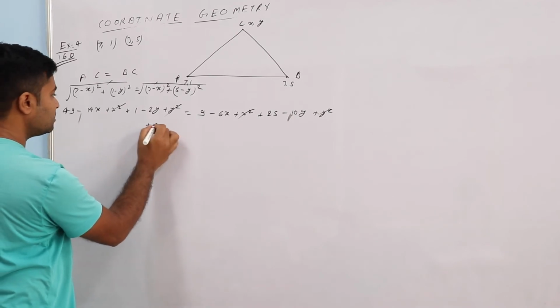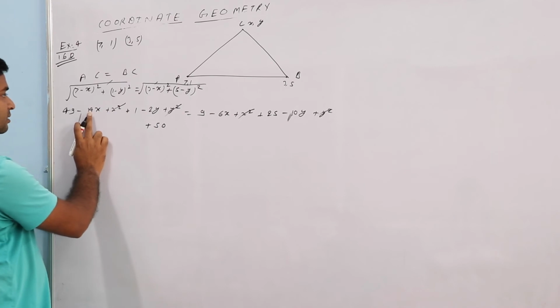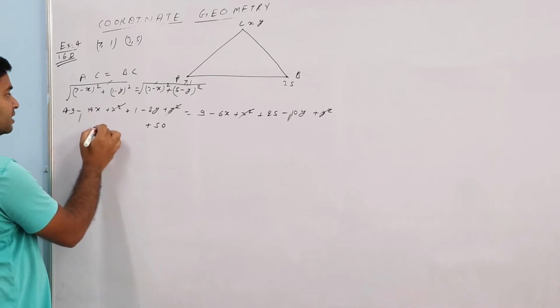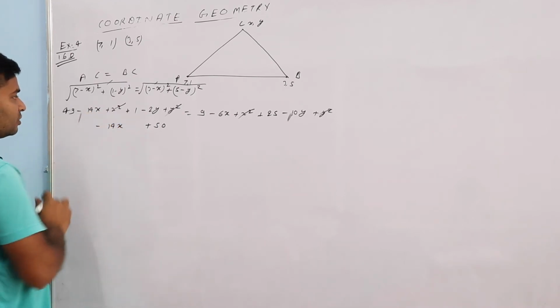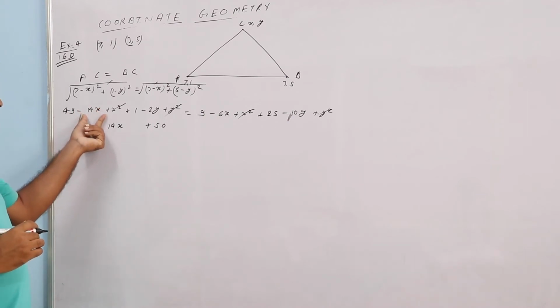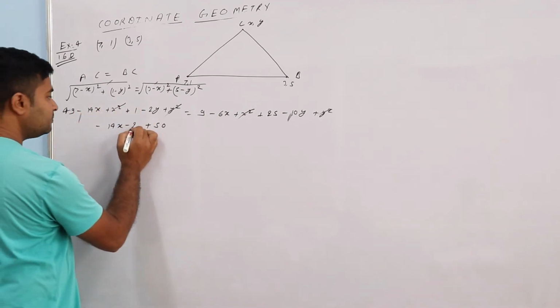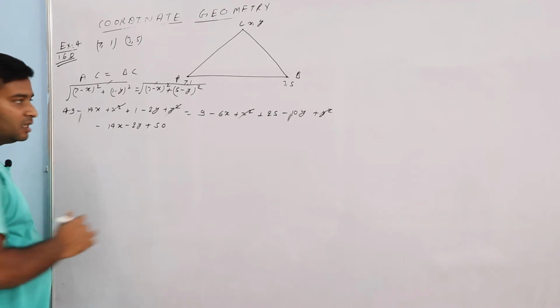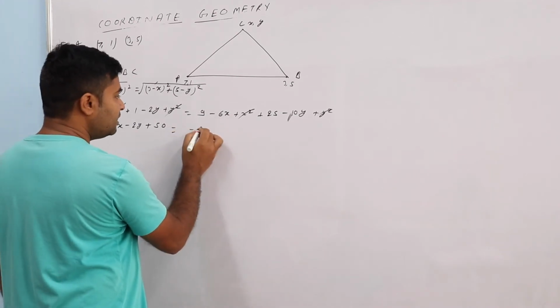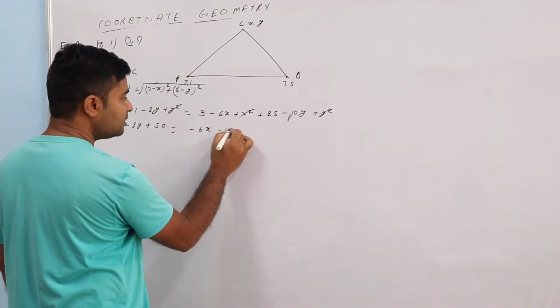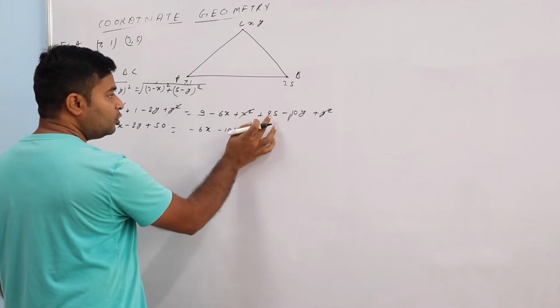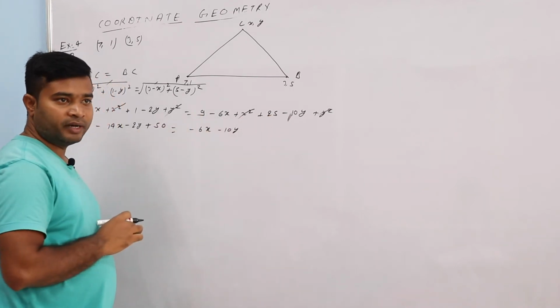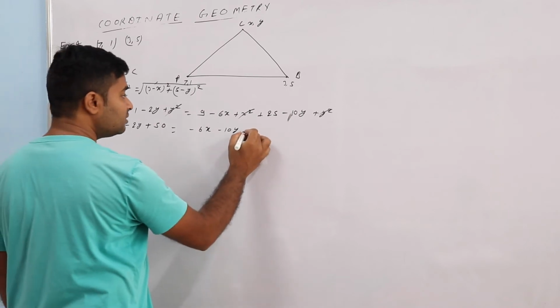Okay, so write plus 50. Then just remain minus 14x. Minus 2y also remains, right? Acha, this side what remains? Minus 6x minus 10y and 25 plus 9. How much?